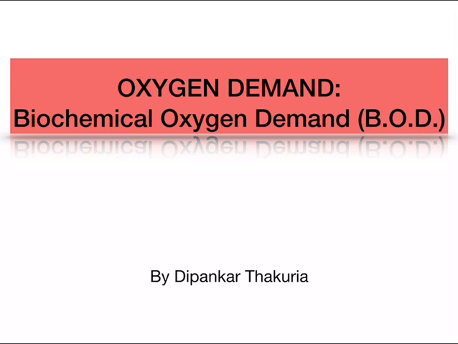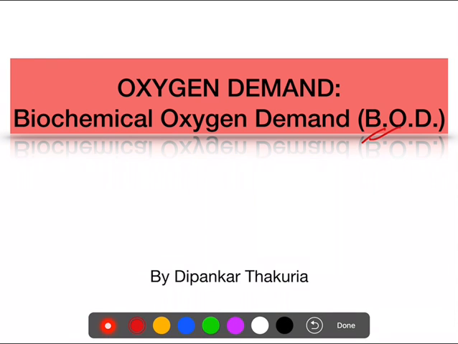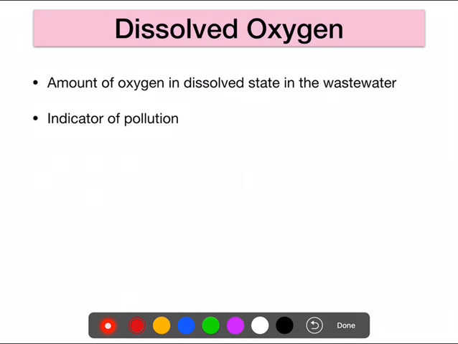And you also have practicals regarding BOD, regarding COD, and also dissolved oxygen. So we'll start this lecture with dissolved oxygen. What is dissolved oxygen? Dissolved oxygen, in simple words, is the amount of oxygen which is in dissolved state in wastewater.